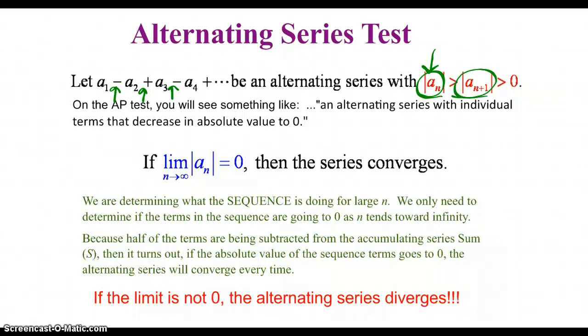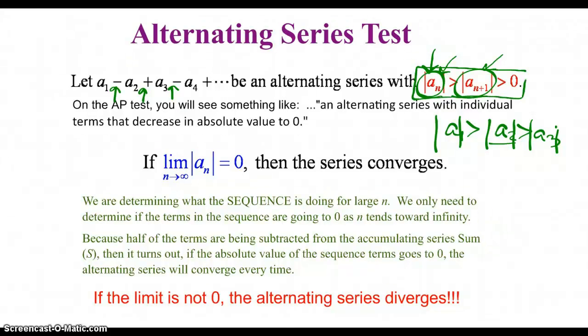That's what it's saying. It's saying that a sub n is bigger than a sub n plus 1. So as I continue to generate terms, and I don't care if they're positive terms or negative terms, those values have to get smaller. And this is important.